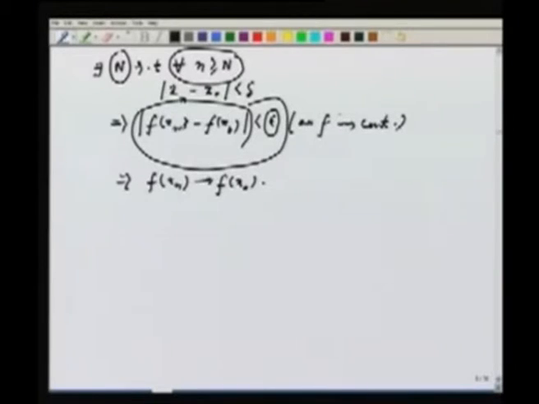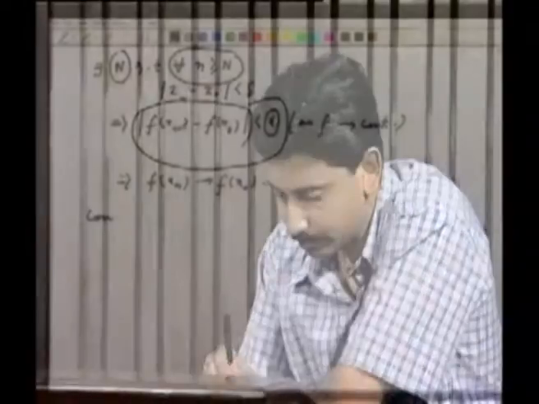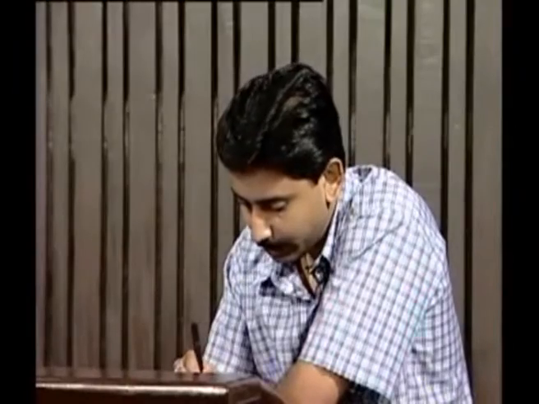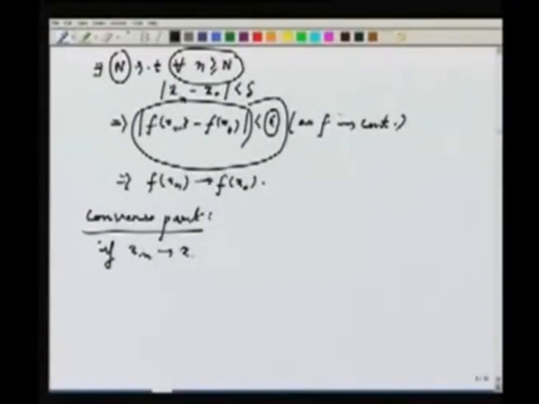Well, now it is the other way. Now the converse part. So what is my assumption now? The assumption is if xn converges to x naught, then f of xn converges to f of x naught.